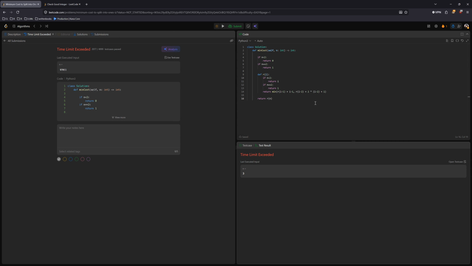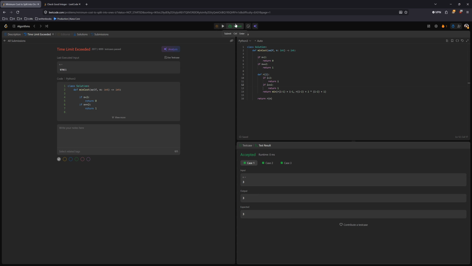Wait, what? This isn't going to work. This is going to be even slower without memoization.